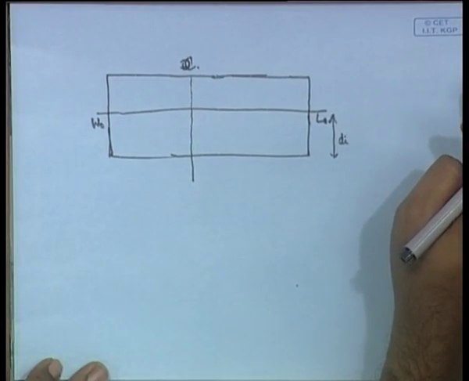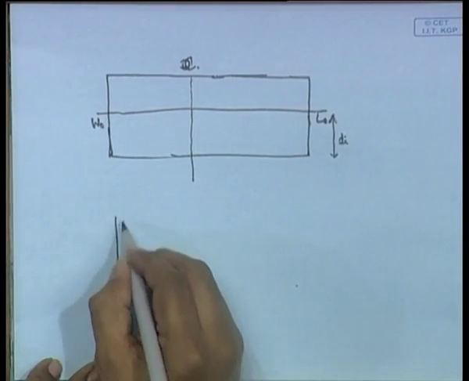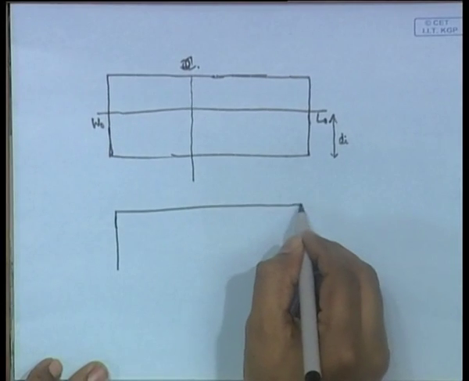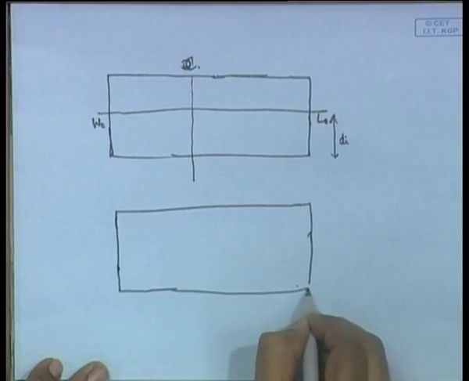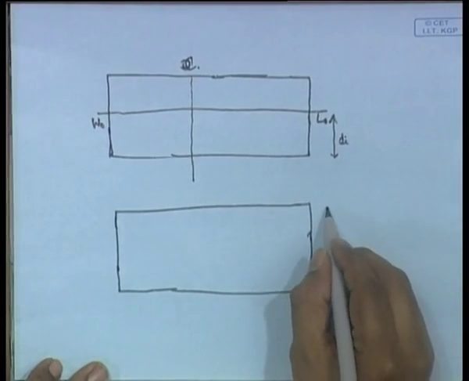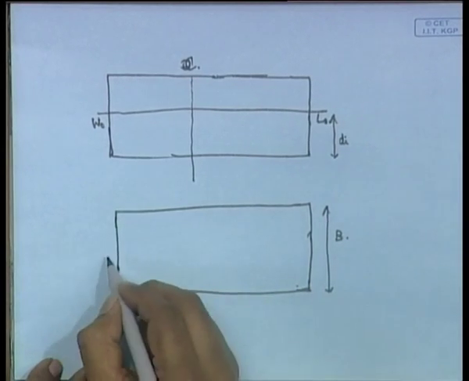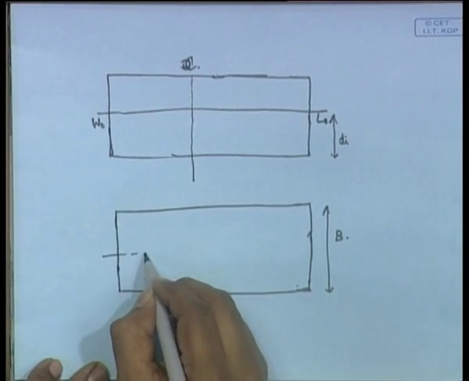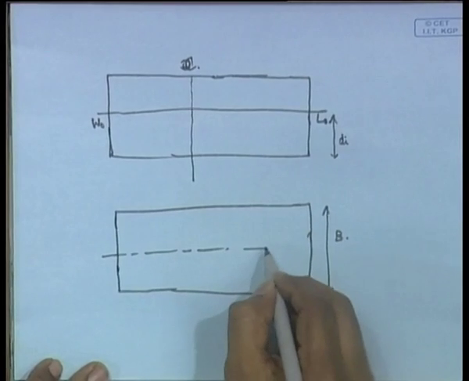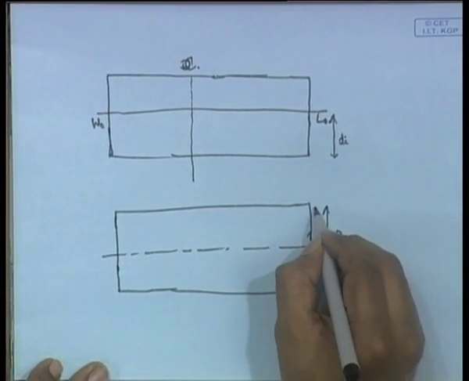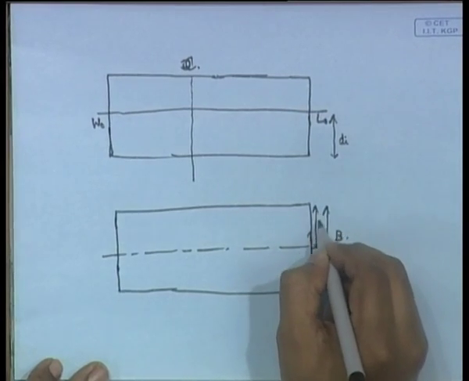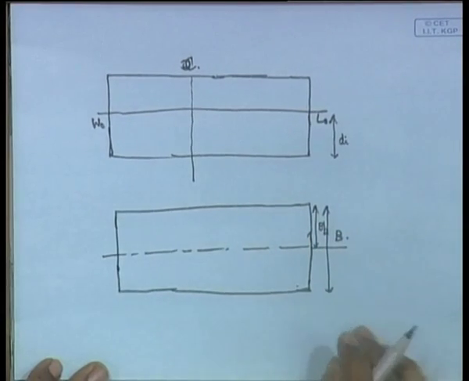Now, we will look at the plan view. So, this is the plan view, this is the breadth of the ship B. So, this is equal to B by 2, this is also B by 2.